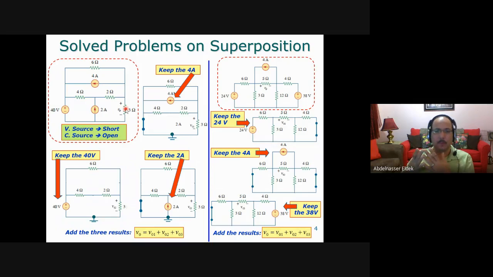Instead of 1, you make it 2. This means that you multiply all the sources by 2, which means that instead of 40 volt, you make it 40 times 2, which is 80 volt. And instead of 2 ampere, you make it 4 ampere. And instead of 4 ampere, you make it 8 ampere, and so on. So this is the linearity.